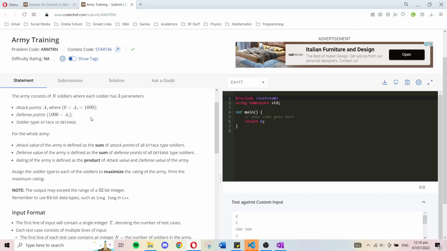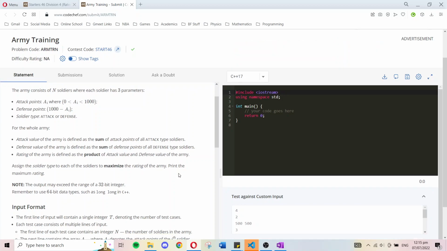The defense value is the sum of defense points of all defense type soldiers, and the attack value is the sum of the attack points of all attack type soldiers. And we want to maximize the rating. Okay. So what is the main observation in this one?